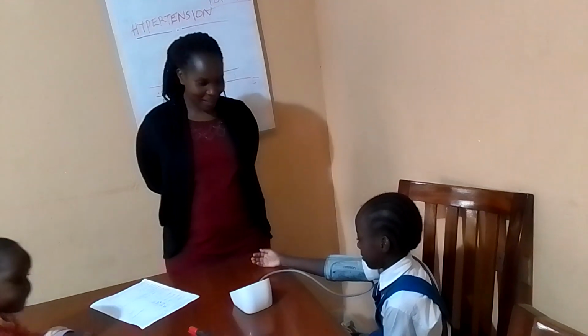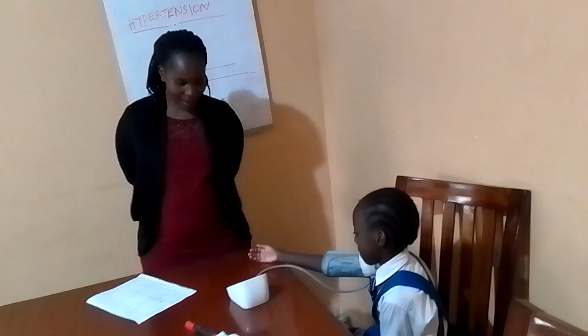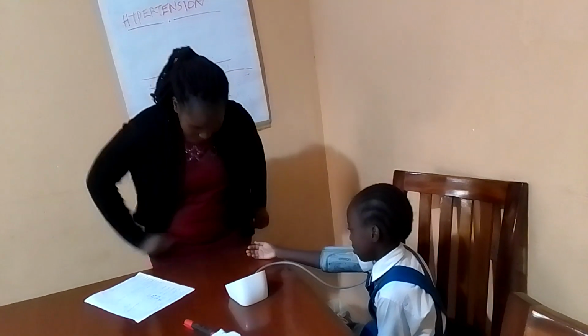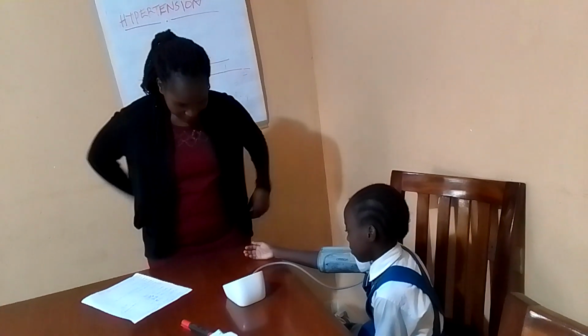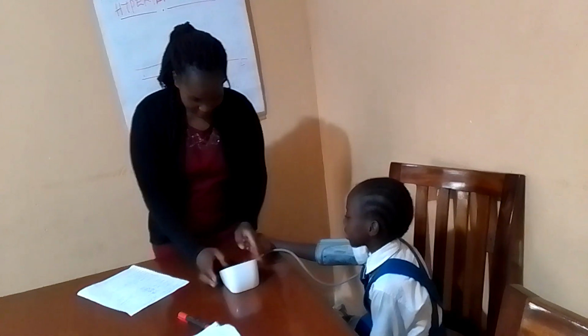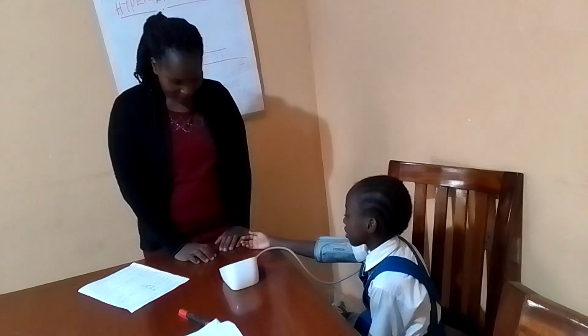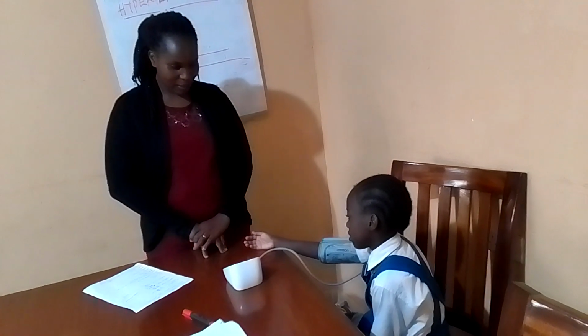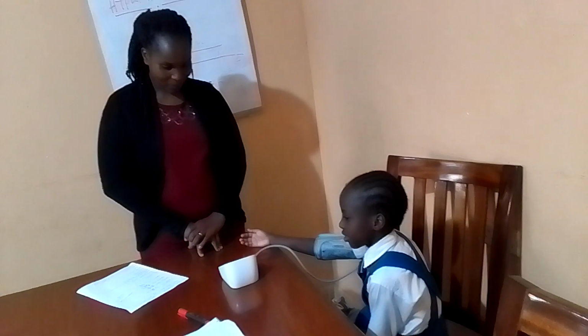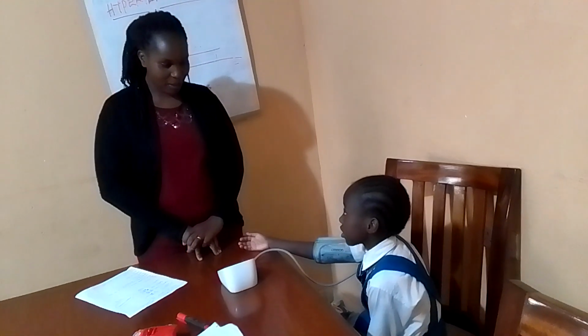And then we wait for a few minutes so that the machine starts running. Oh, it stopped. Okay, let me start again. It looks like it is reading. Let's wait for it to read.